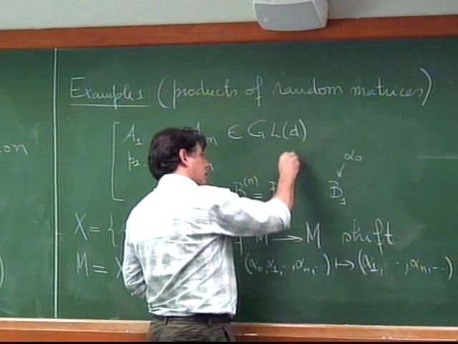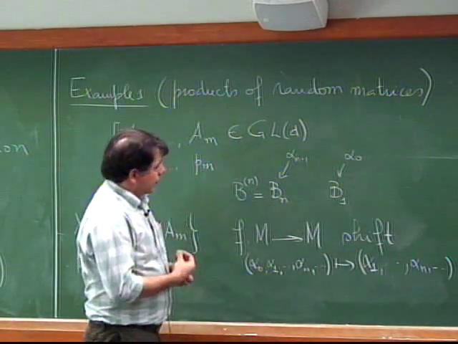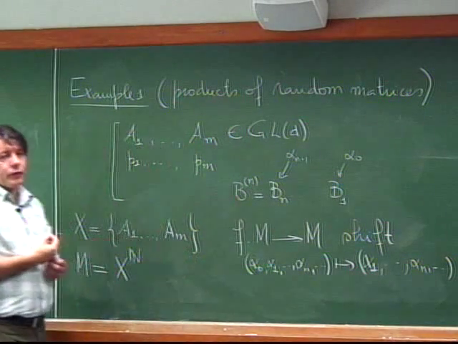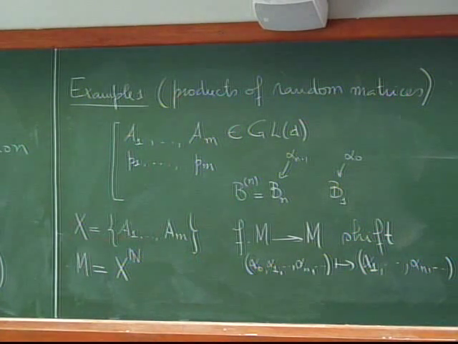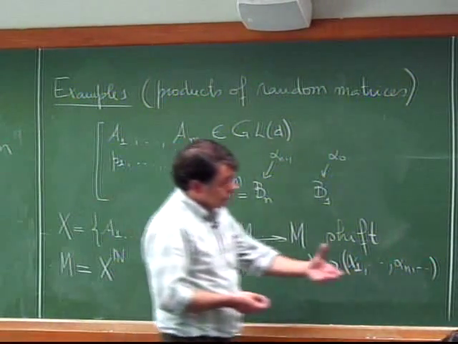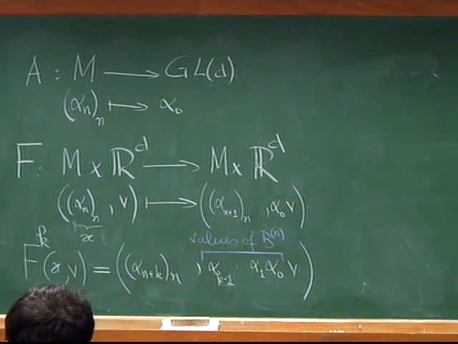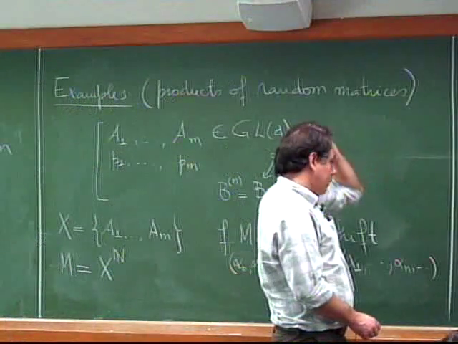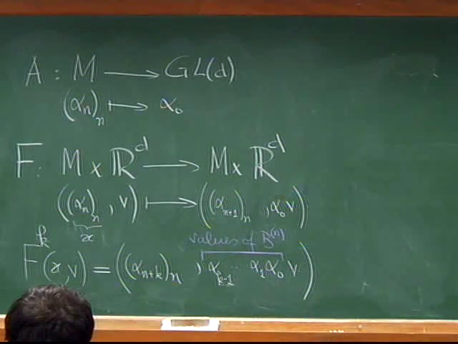This corresponds to alpha n minus 1. And these are the possible values of the sequence Bn. Okay? So I'm not proving anything at this point. I'm just saying that you can write this game of multiplying random matrices. You can formulate it as a linear cocycle with these data, F and A, and it's essentially the same object.